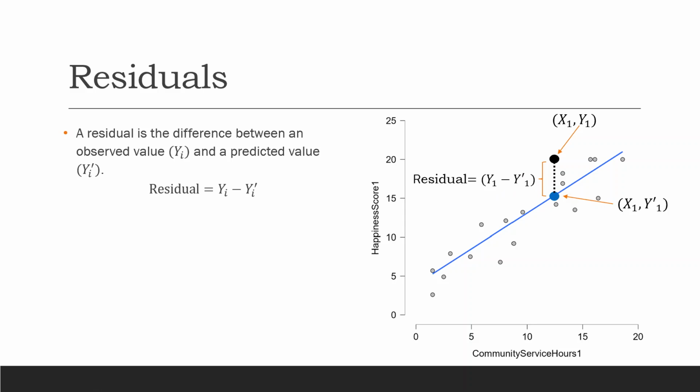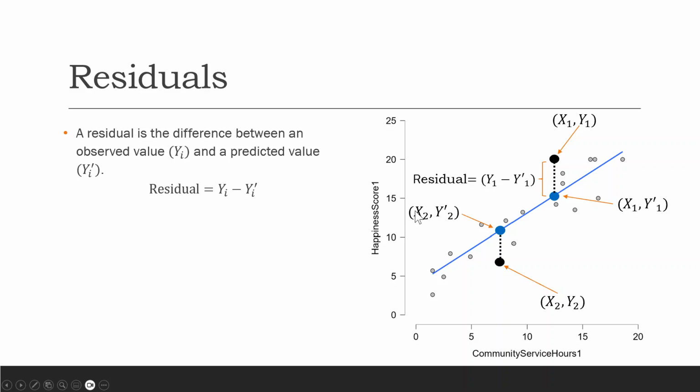I can go to another point. I selected a point that's under my regression line here. I'm calling it x sub 2, comma, y sub 2, because it's not the same point, so I use a different subscript. And I can find the corresponding point on my regression line to get the predicted value, y prime sub 2, that corresponds to that other y value, y sub 2, right? So I have my vertical line here.